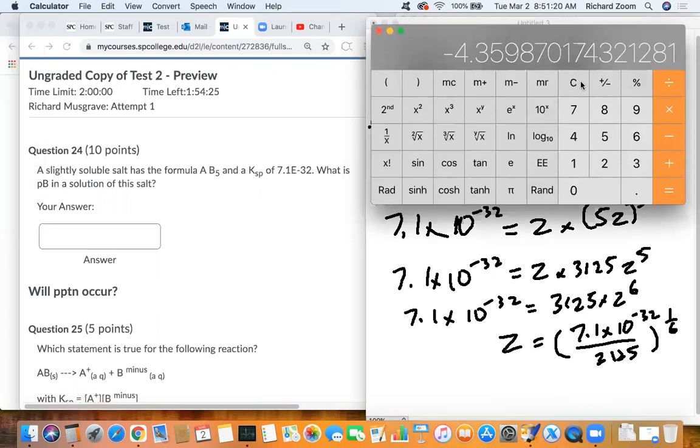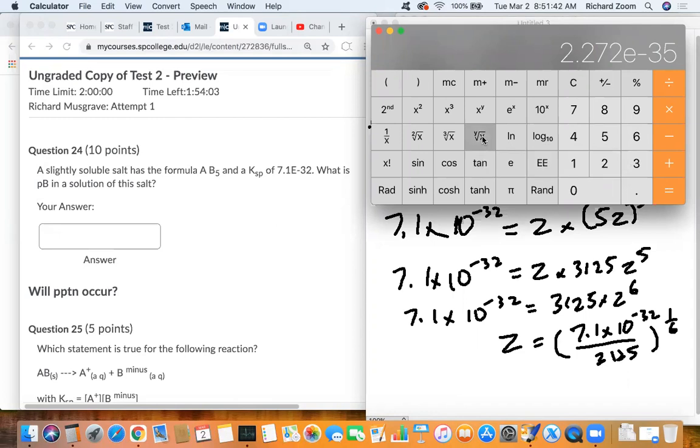For this one, let's clear it out. 7.1 times 10 to the negative 32. Sorry about that. Divided by 3125. Okay, so I can do this to the power of 1/6, or I can take the sixth root.